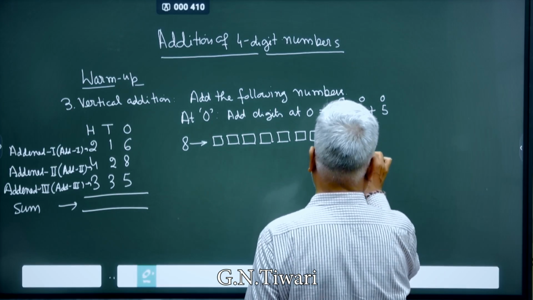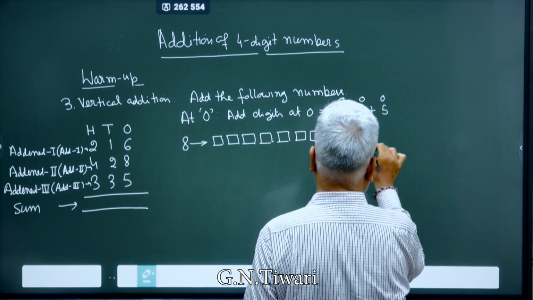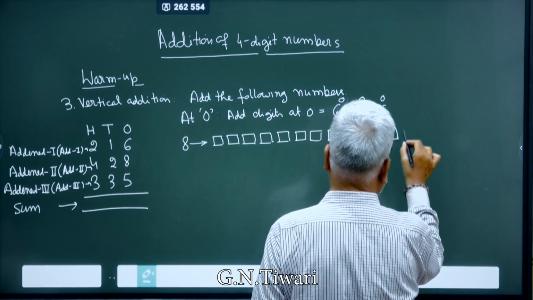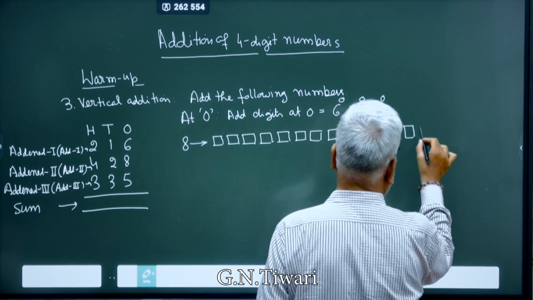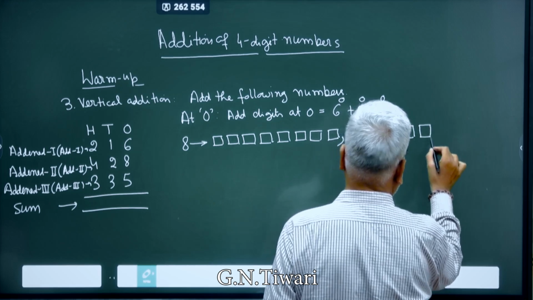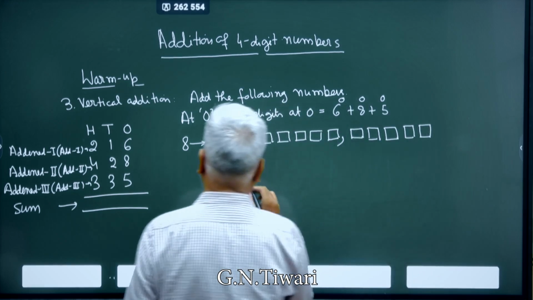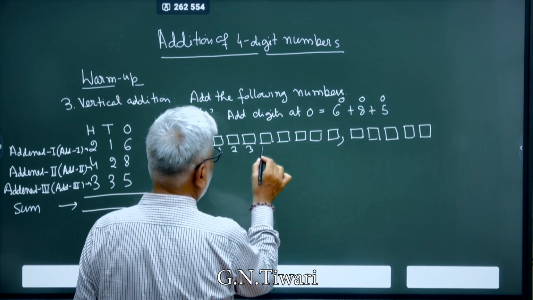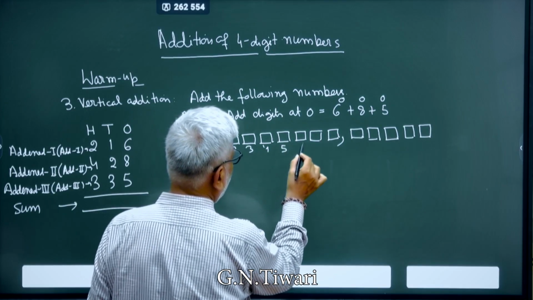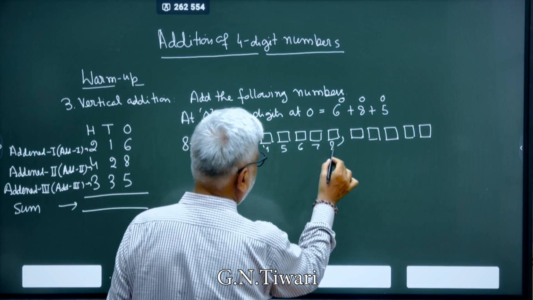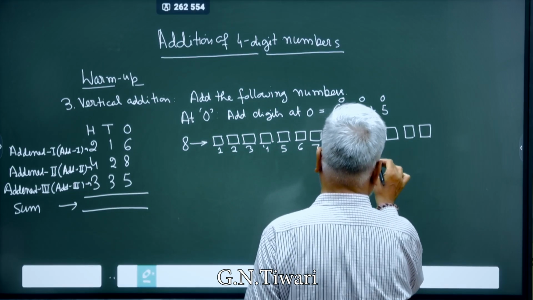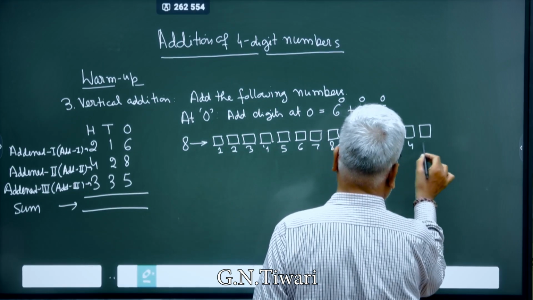Make 5 squares: 1, 2, 3, 4 and 5. But also write the number here below the square: 1, 2, 3, 4, 5, 6, 7, 8. And the digit is 5: 1, 2, 3, 4, 5.